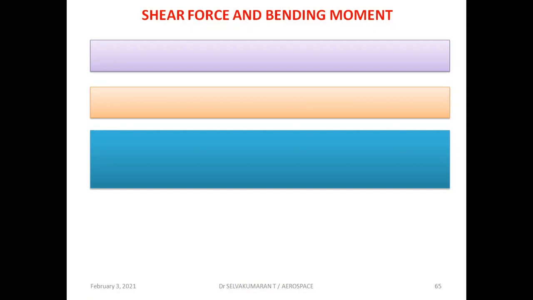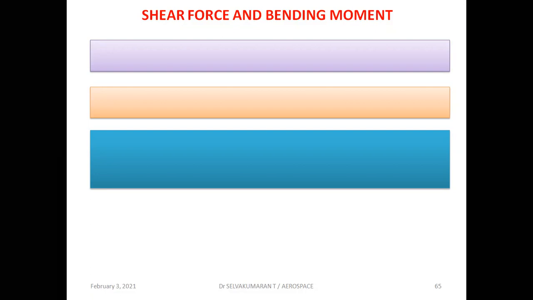And if the beam is loaded with a point load, a uniformly distributed load, a uniformly varying load, a trapezoidally varying load, or if a beam is subjected to a couple, we need to study what would happen to the beam.